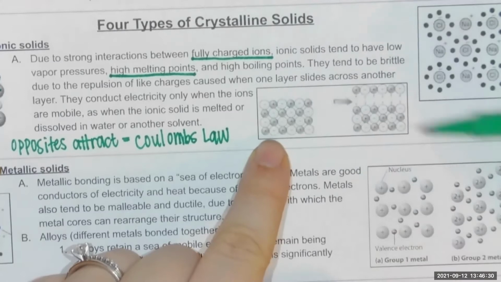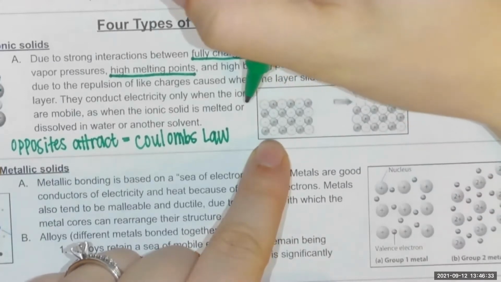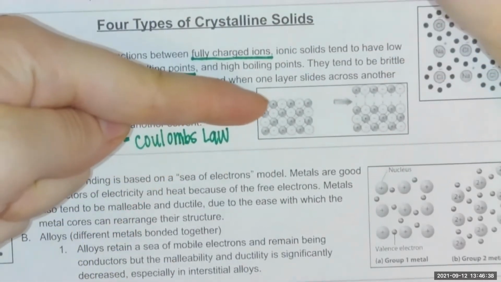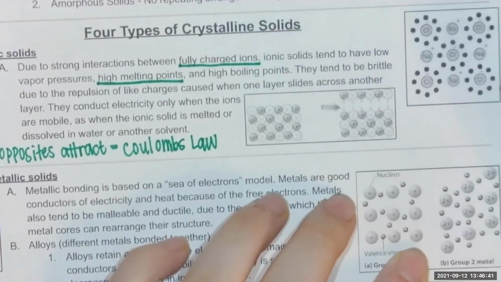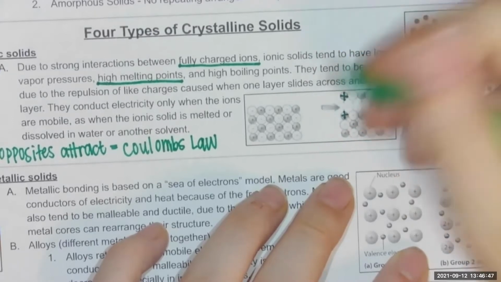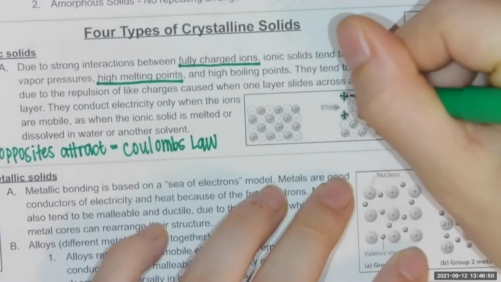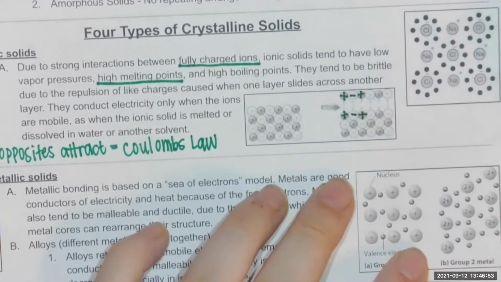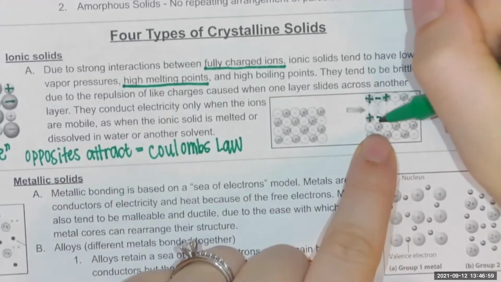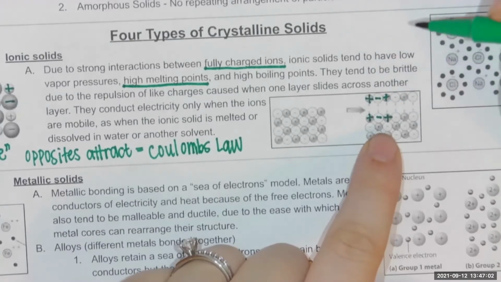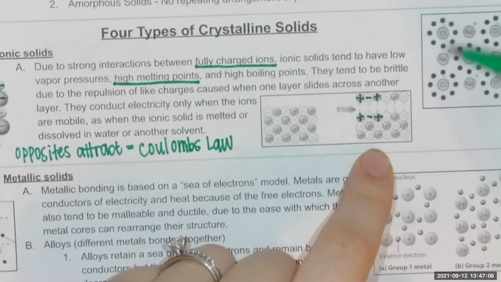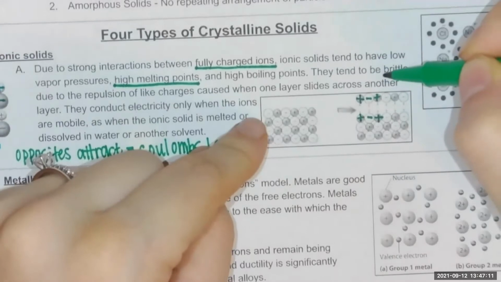What happens if I were to push this top row with my finger and everything slid over one, so that you had 2 positives or 2 negatives on top of each other? If opposites attract, then having positive on positive, negative on negative is going to repel away from each other so fast. So that's what it means by brittle.